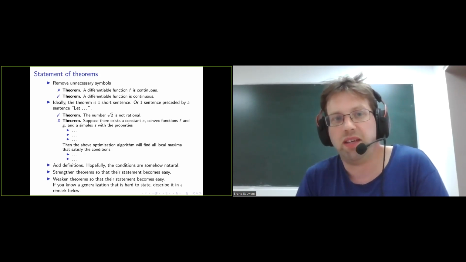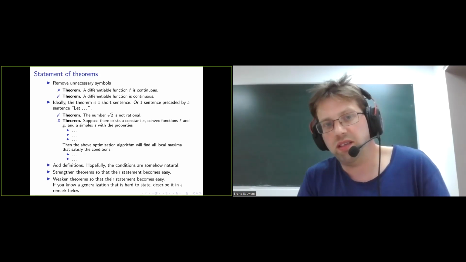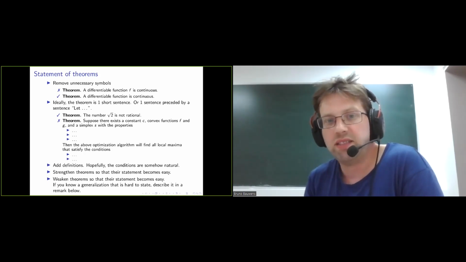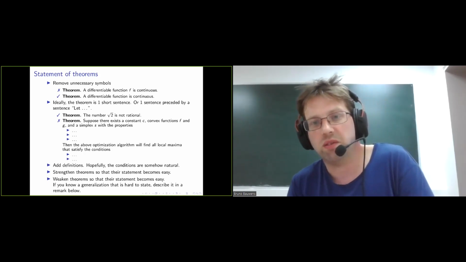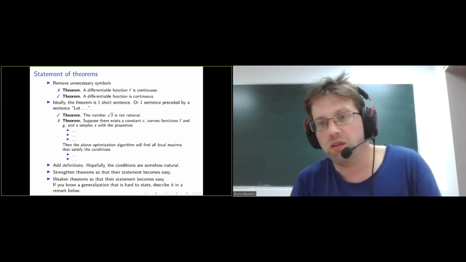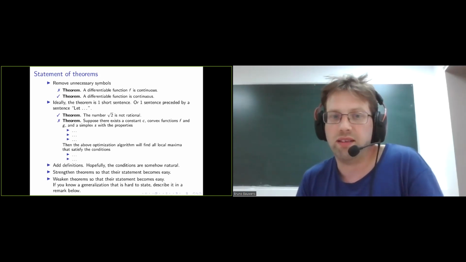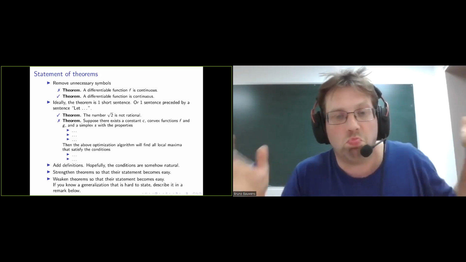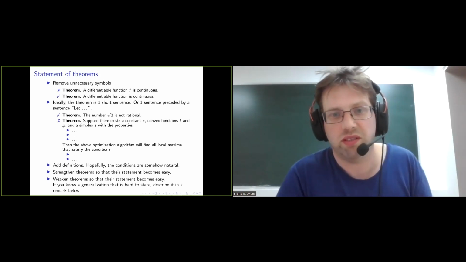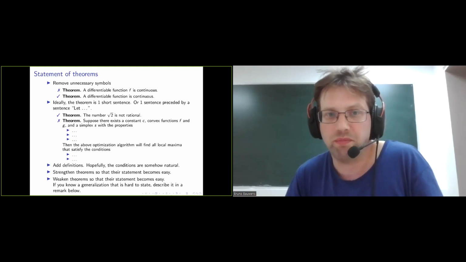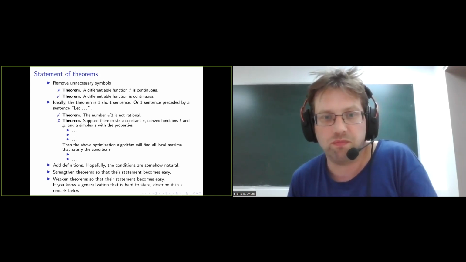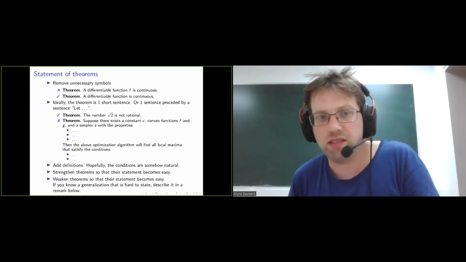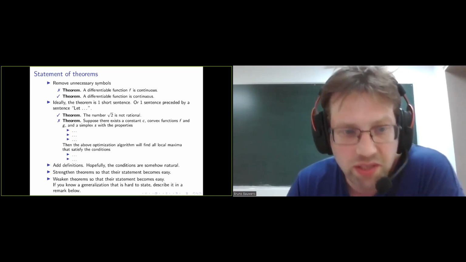And then you can make a theorem: given a smooth simplex S, the optimization algorithm will find all local maxima that are also whatever, and then a new definition. So you transform this cumbersome theorem into one simple theorem. That's the solution if you have a cumbersome statement.